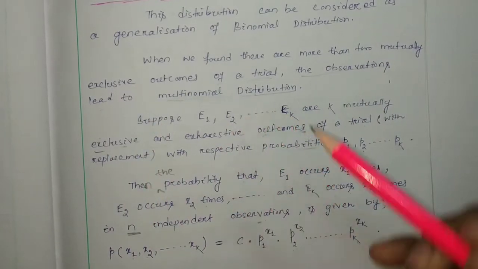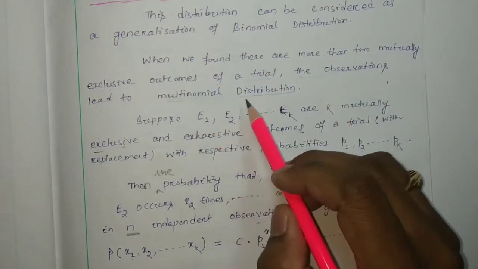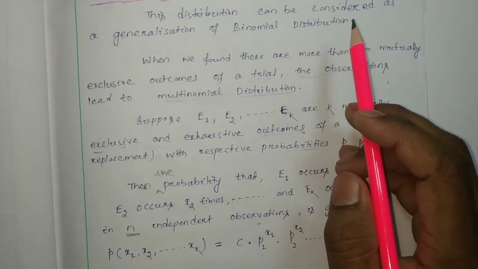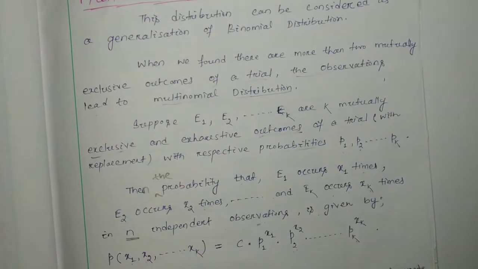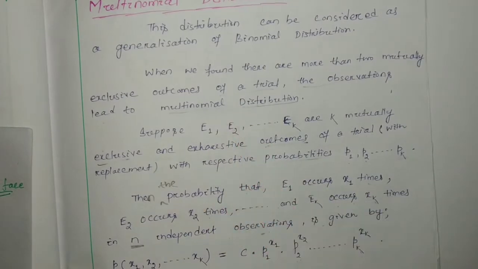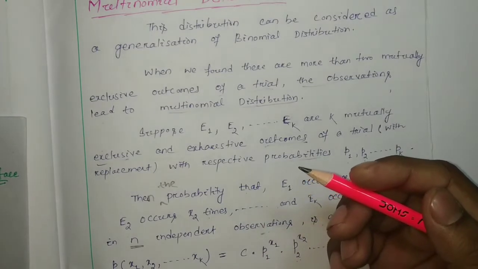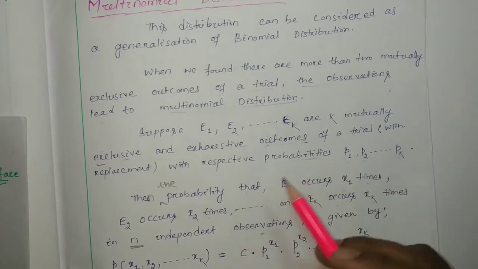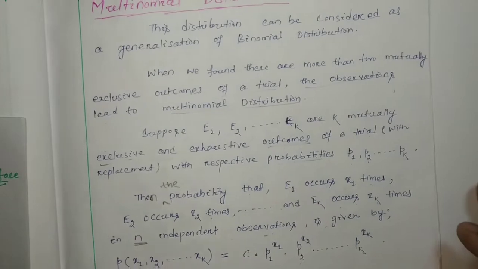What is the principal difference between binomial and multinomial distribution? In the binomial distribution, a single trial gives two outcomes, but here a single trial can give more than two outcomes. For that situation we have to apply the multinomial distribution.